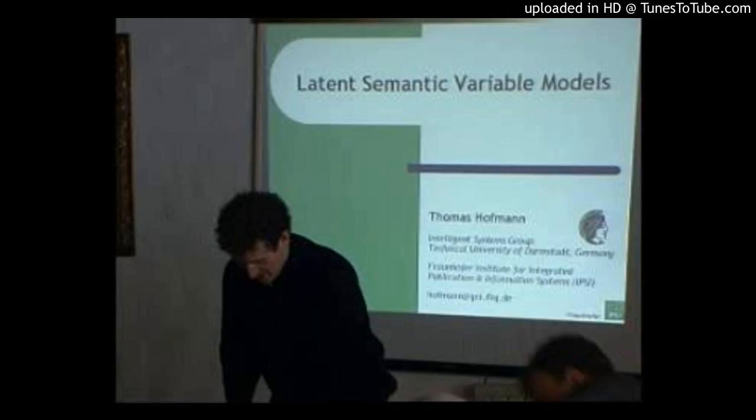What was Q before is K now, so we get K-dimensional representations of the terms and K-dimensional representations of the documents. Basically, we can do all kinds of things, such as computing document similarity using these low-dimensional representations. And if we have a new document or a query, we can fold it in, as it's called, and compute its representation also in this latent space.